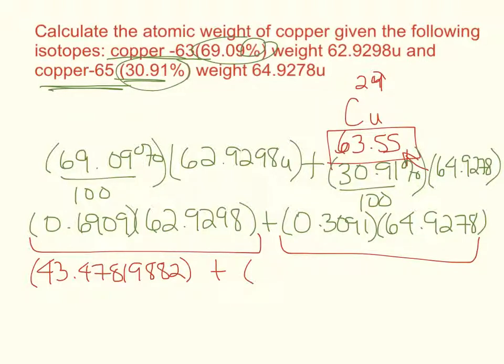So decimal 0.3091 multiplied by 64.9278 gives us a total of 20.0691828.